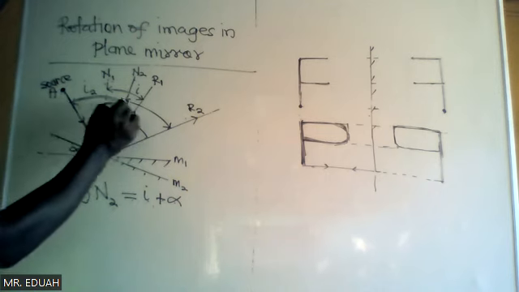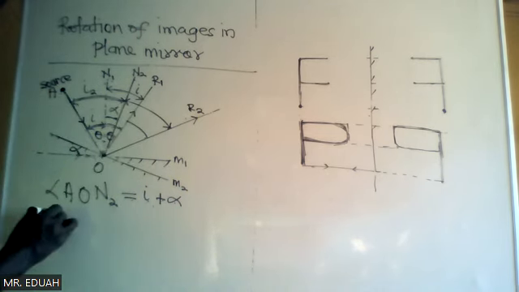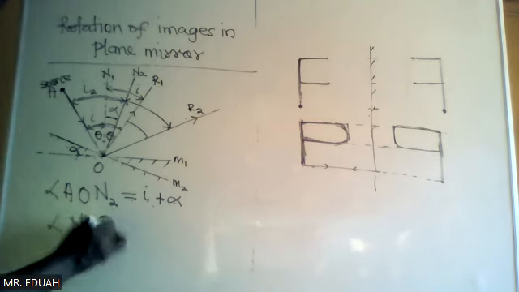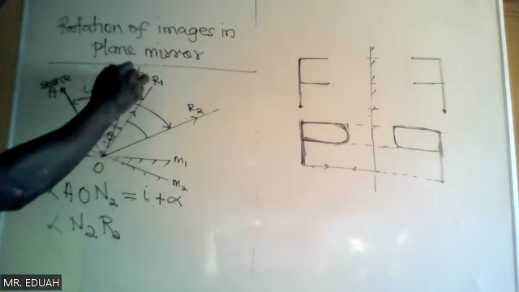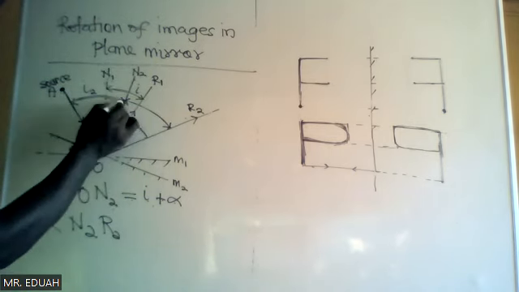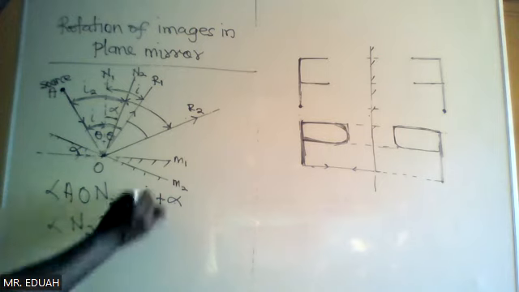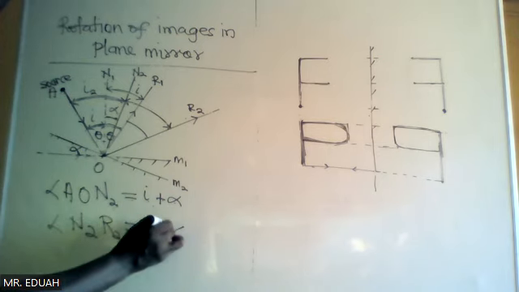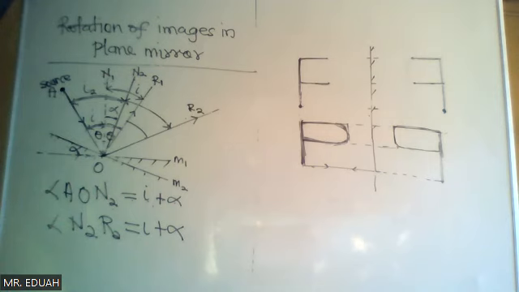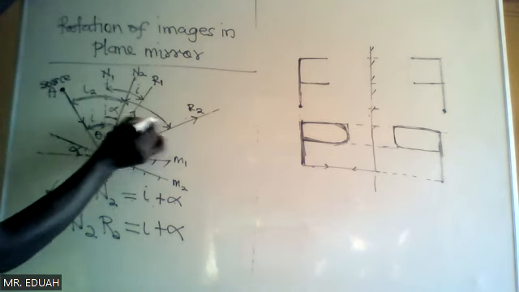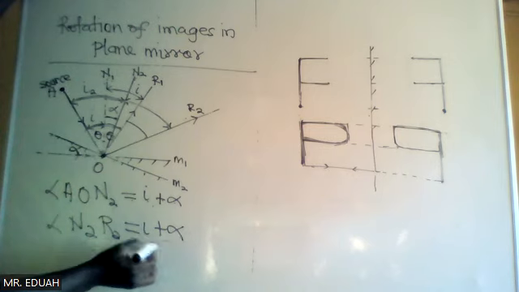Which must also be equal to the angle N2OR2, this whole angle, because this is the angle of incidence and this is the angle of reflection, and they are all equal. So angle N2OR2 must also be equal to I plus alpha.